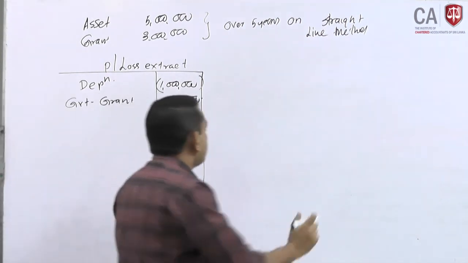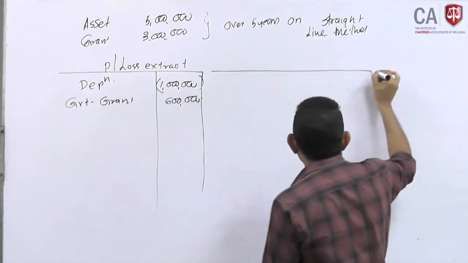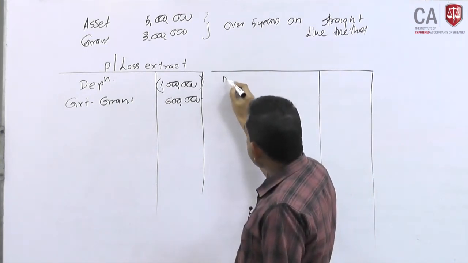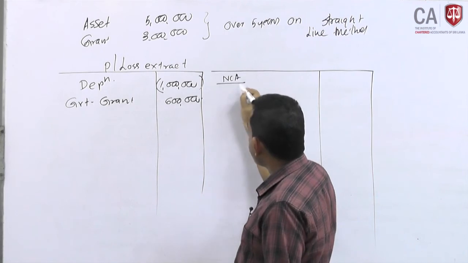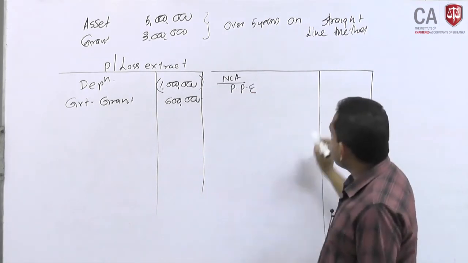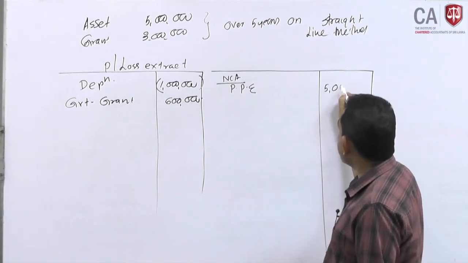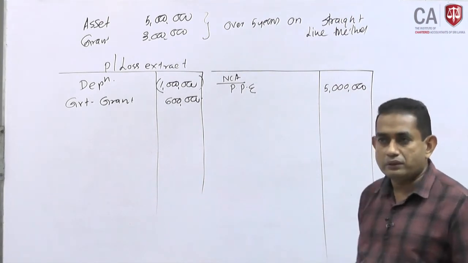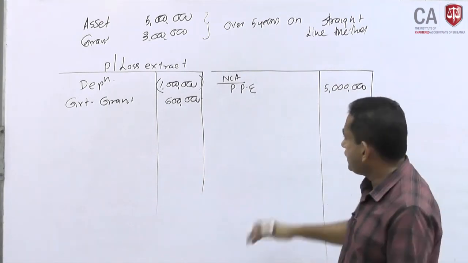And then we will go to the balance sheet presentation, the statement of financial position. The asset will be shown under non-current assets, say property, plant and equipment. The cost was 5 million, depending on the accounting method adopted for the subsequent measurement, it was the cost model.